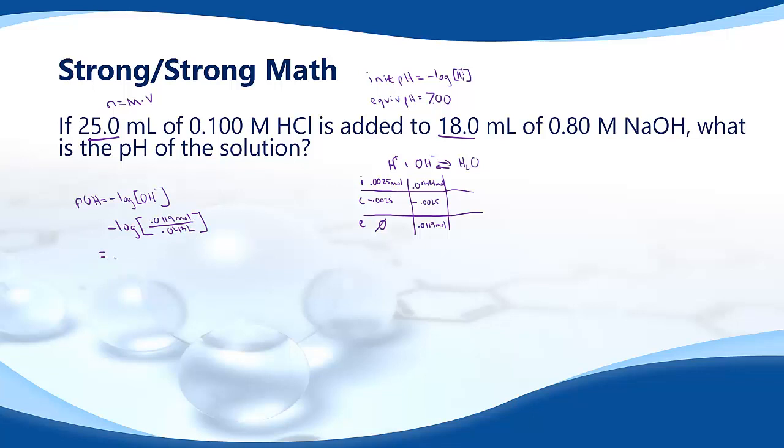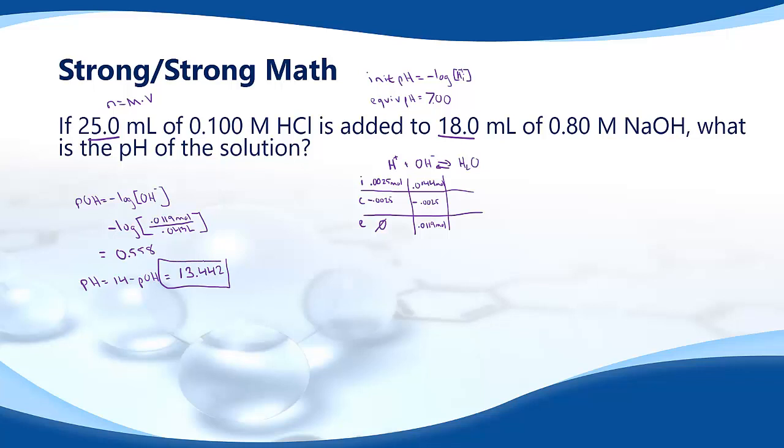If I plug that in, I get a pOH of 0.558, which means that my pH is 14 minus pOH, or 13.442. So this is going to be my pH for this particular titration, 13.442.